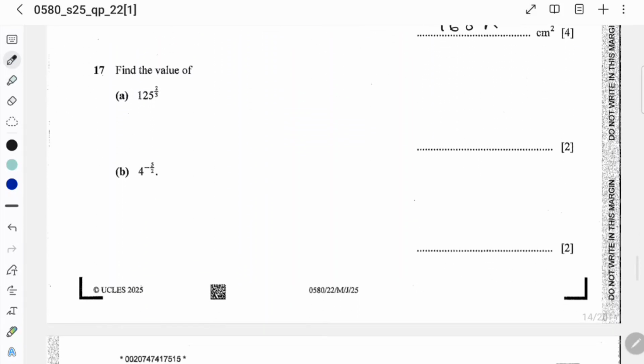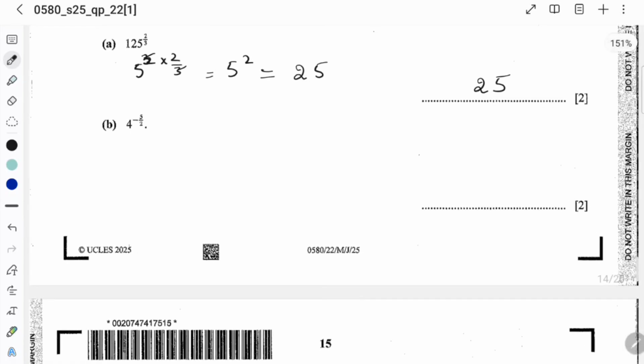Now question number 17, find the value of 125 to the power 2 over 3. So we know that 125 is 5 cube, to the power 2 over 3. 3 and 3 just cancel, and 5 square is left, which is only 25 in this question. Now 4 to the power minus 5 over 2.